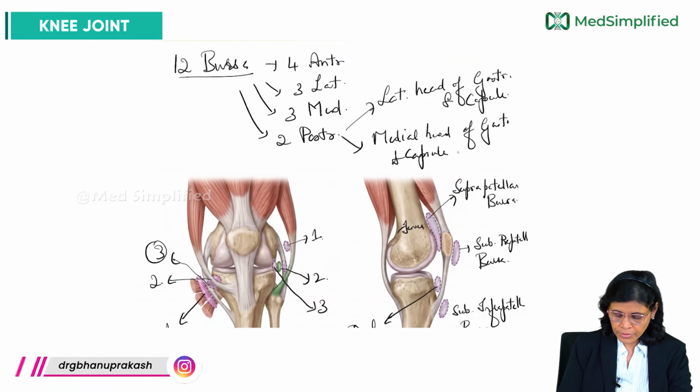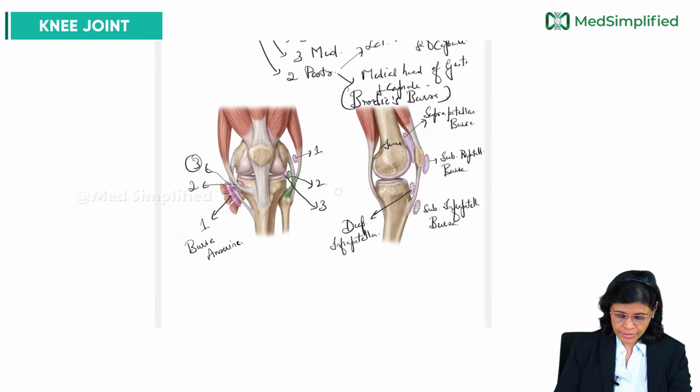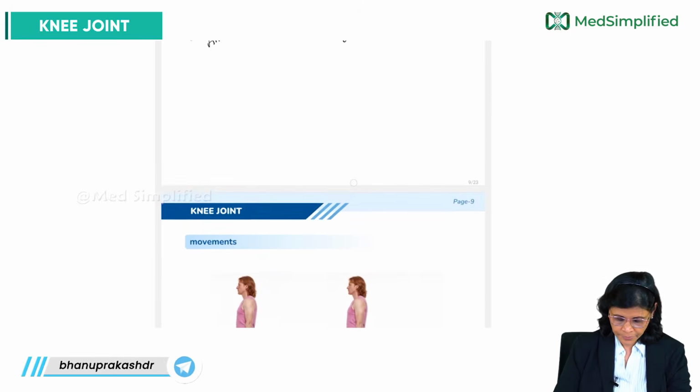Okay, so this is also called Brodie's bursa. So this bursa has a name, Brodie's bursa. So these are the bursae which we see in relation to the knee joint.